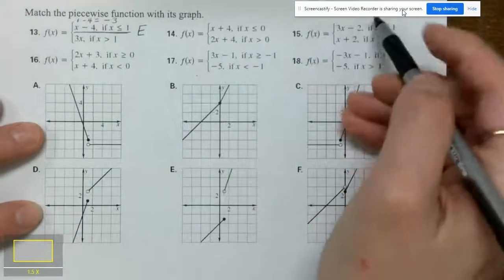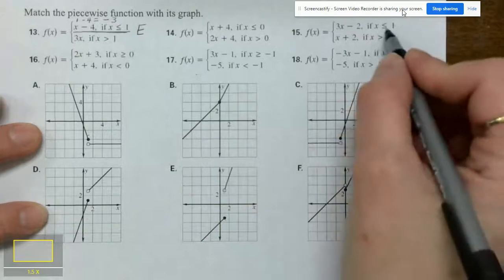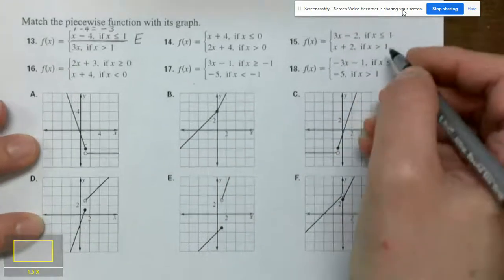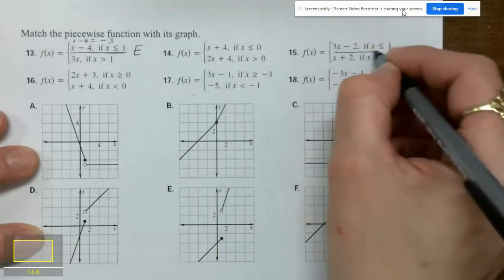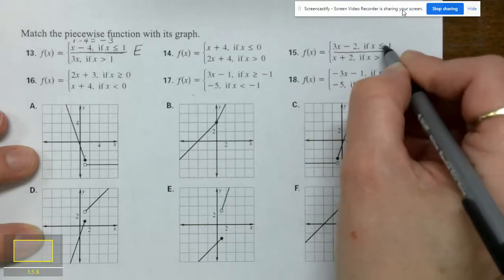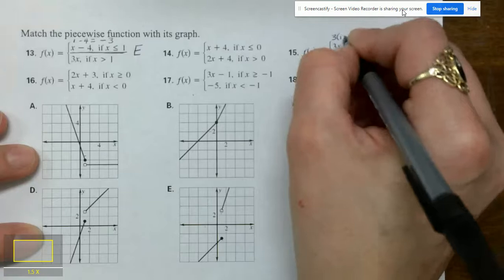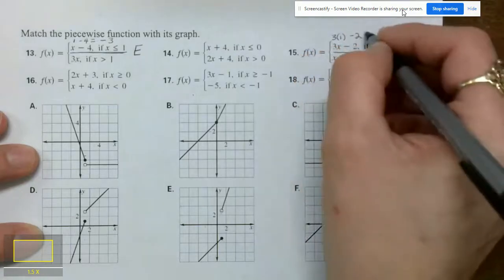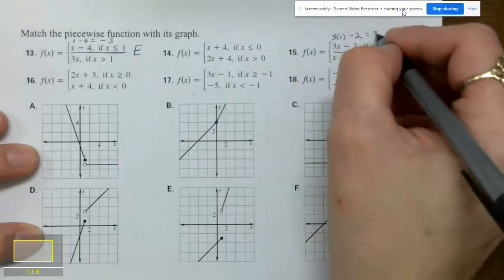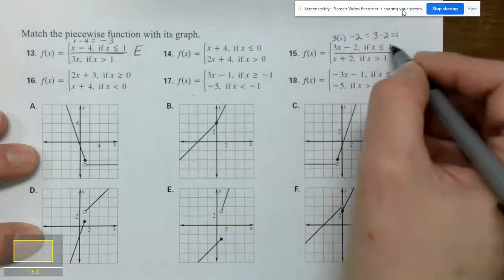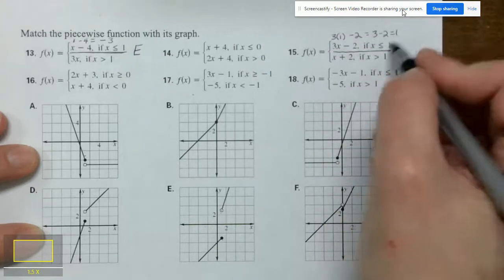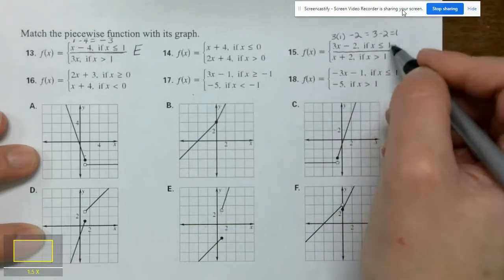All right, so now let's see if I evaluate at 1. If I evaluate at 1, that's this one right here, because this one includes the equal to. It's less than or equal to. So if I put in 1 here, 3 times 1 minus 2, that's 3 minus 2, which is 1. So I should have the point 1, 1 with a filled-in circle on whichever graph is correct.